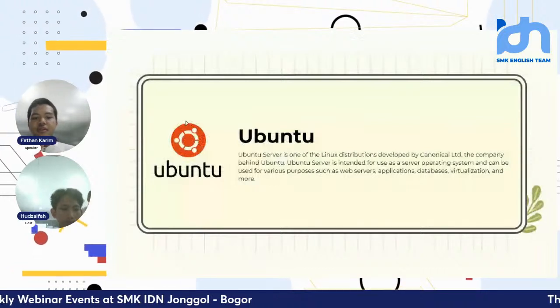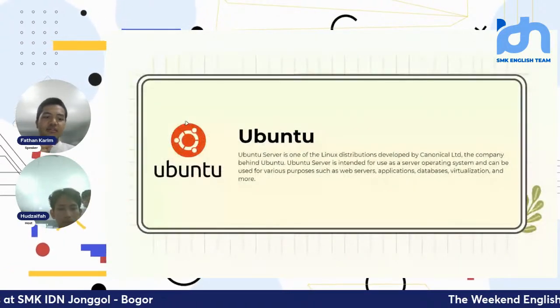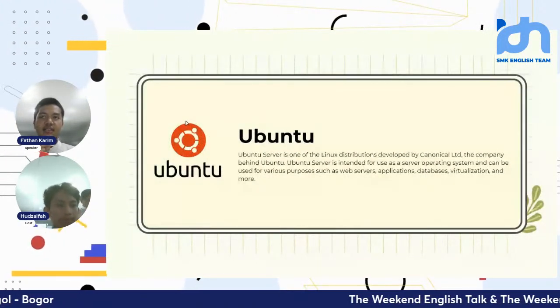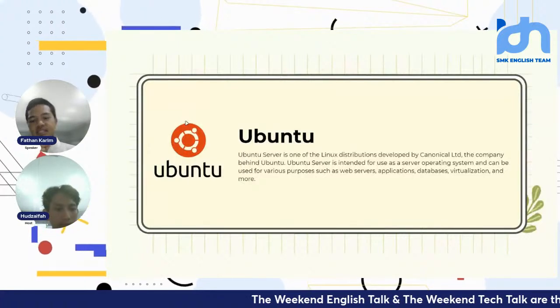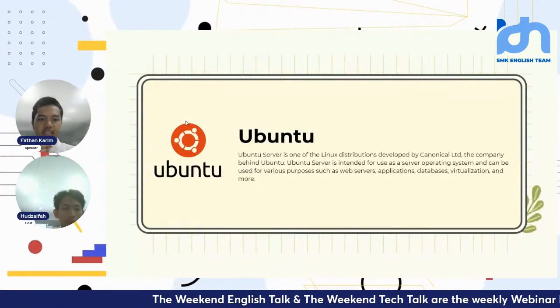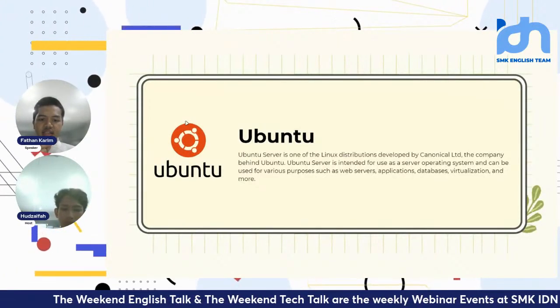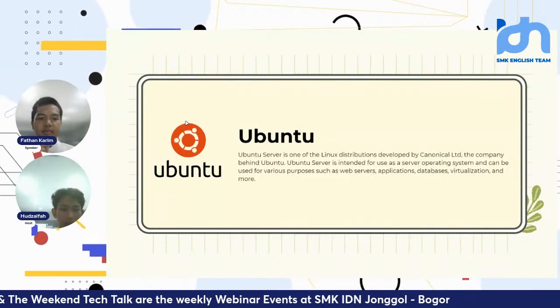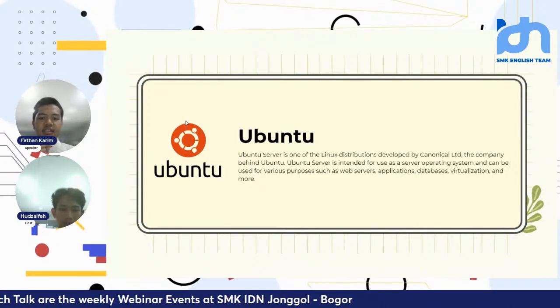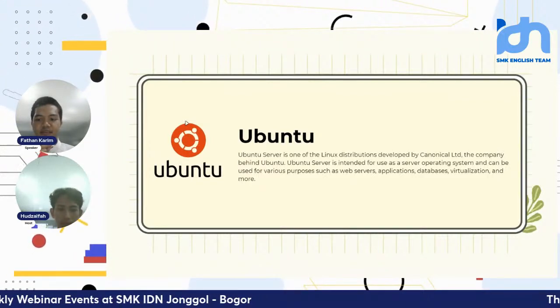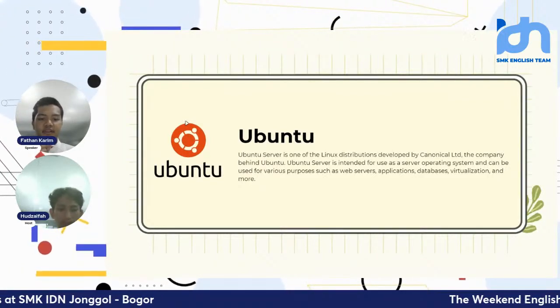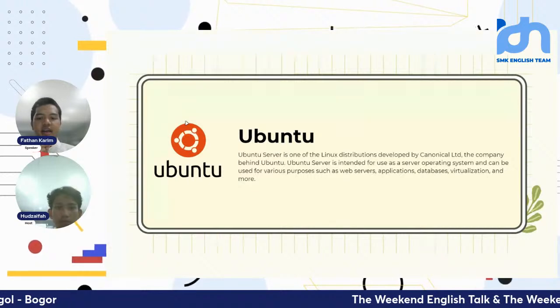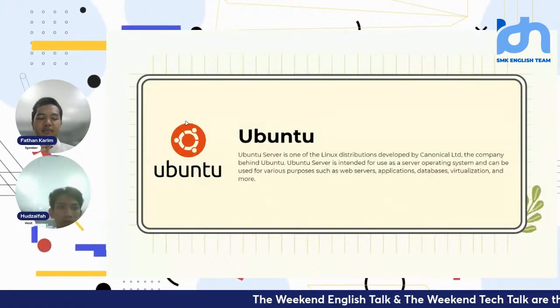That is Ubuntu. We want to use Ubuntu as the media server later. Here is a short explanation. Ubuntu Server is a Linux distribution developed by Canonical Ltd, the company behind Ubuntu. Ubuntu Server is intended for use as a server operating system and can be used for various purposes such as web server, application, database, virtualization, and more.